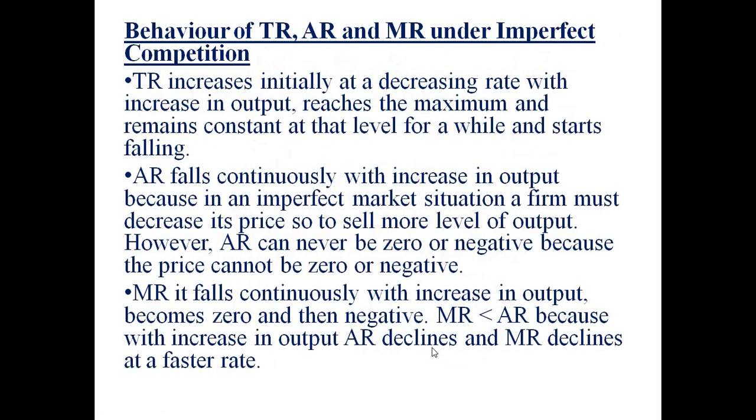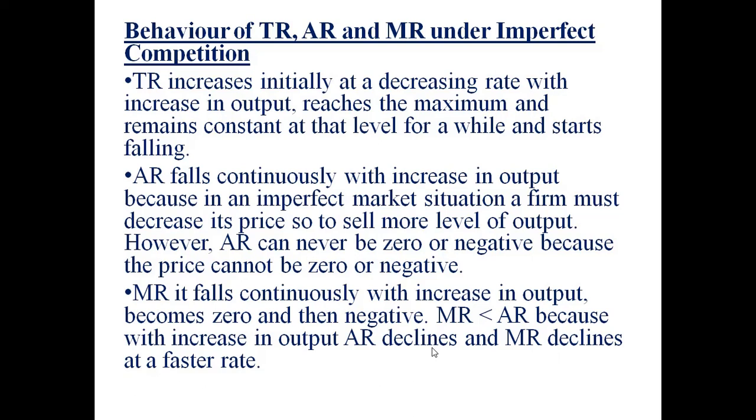Now let us try to understand the same situation under imperfect competition. Now TR increases initially at a decreasing rate. With increase in output, it reaches the maximum and remains constant for a while and starts falling.